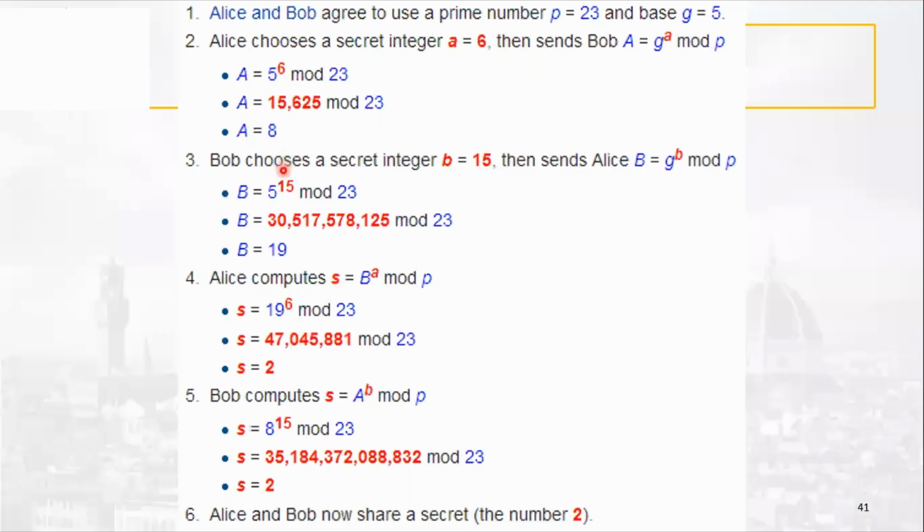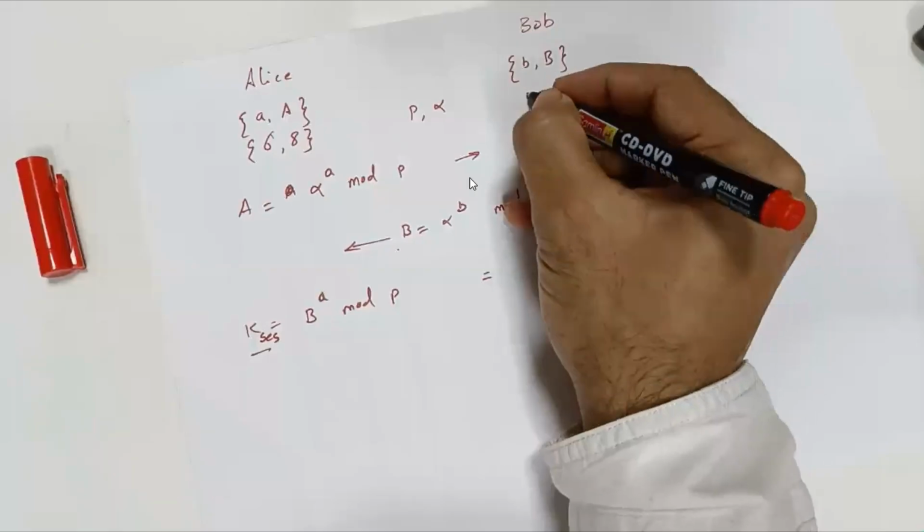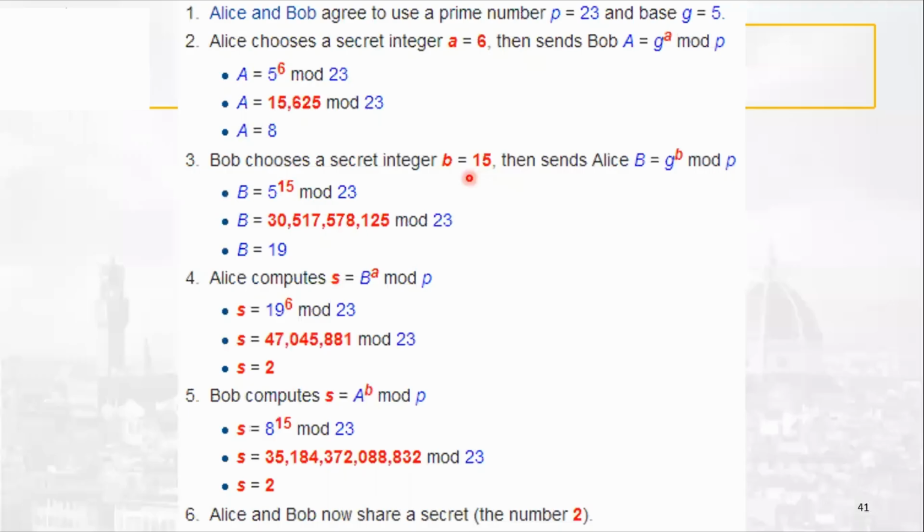Similarly, Bob does the same thing. Bob chooses a private key, 15, and calculates the public key using g raised to b, where b is the private key, mod p.